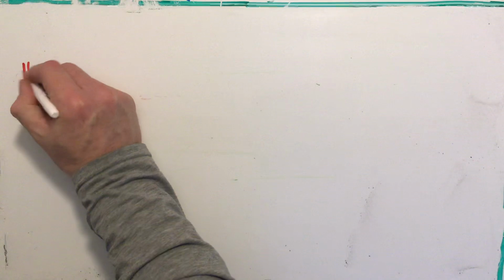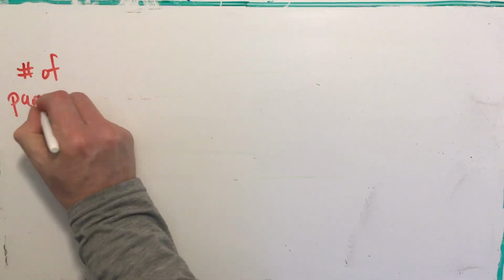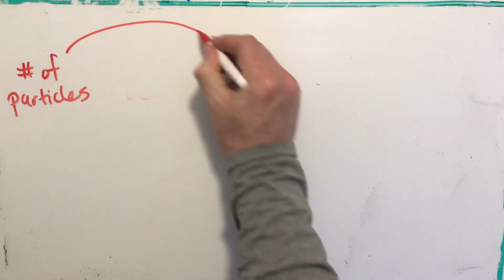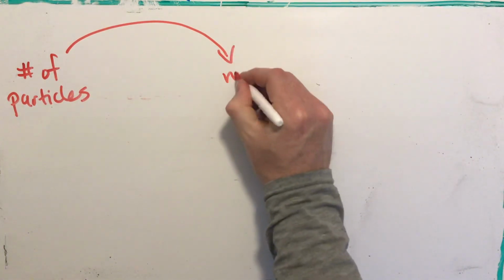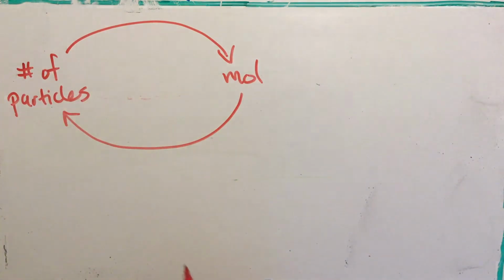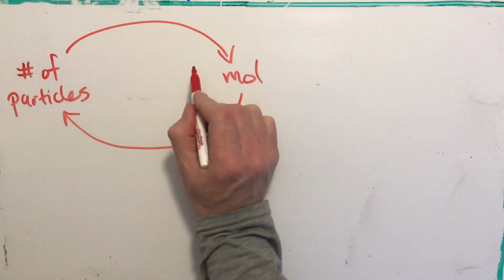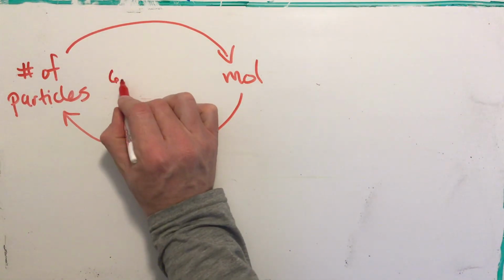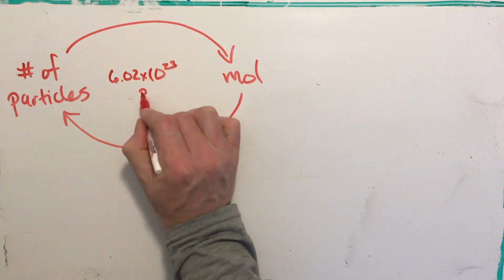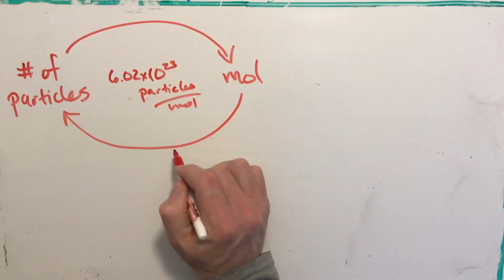So, number of particles, we can change that into moles and back, right? And our conversion factor here is 6.02 times 10 to the 23 particles per mole.